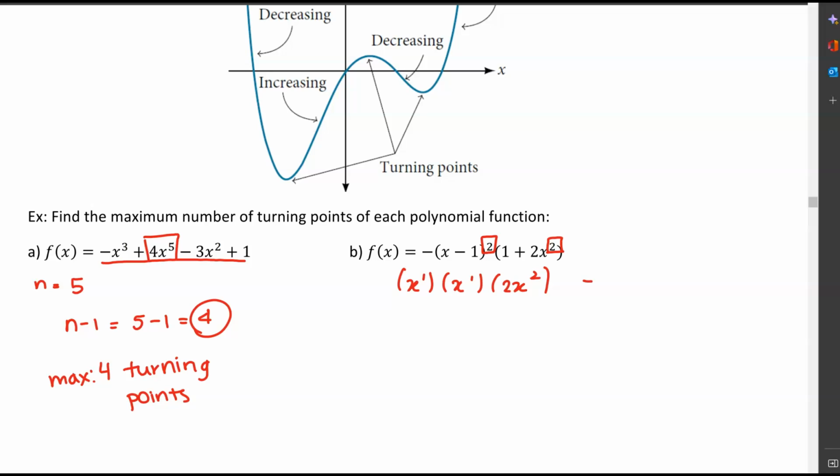So we'd really end up with 2x to the 4th when you multiply all those values out. So that means that we are looking at a degree of 4. So our maximum number of turning points here is going to be 4 minus 1, which is 3. So we have 3 turning points there.